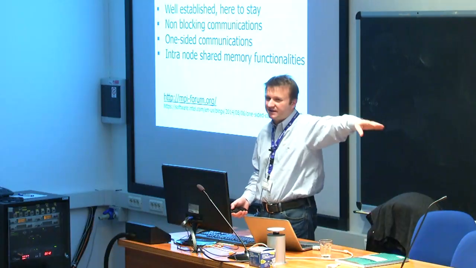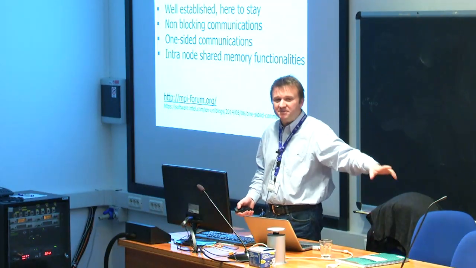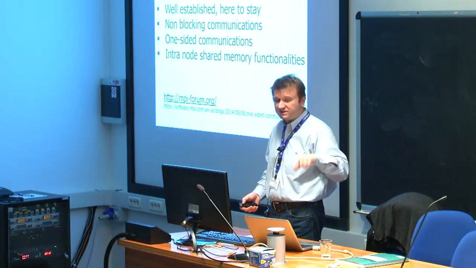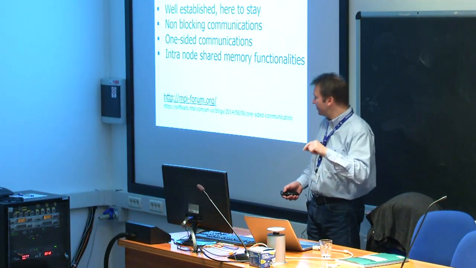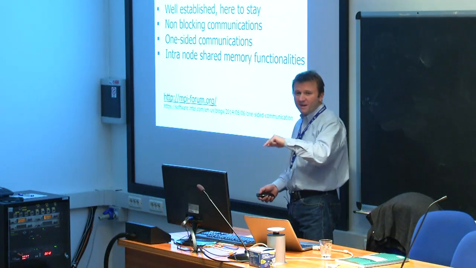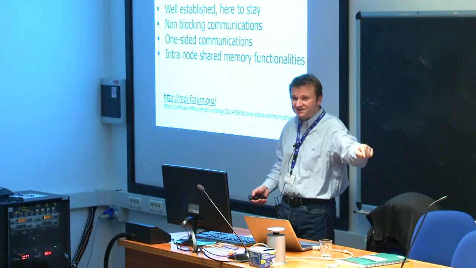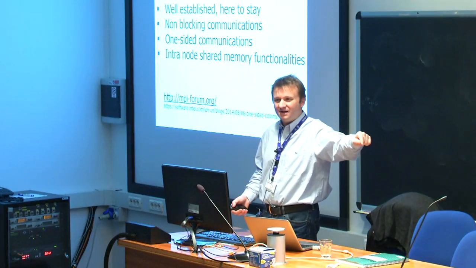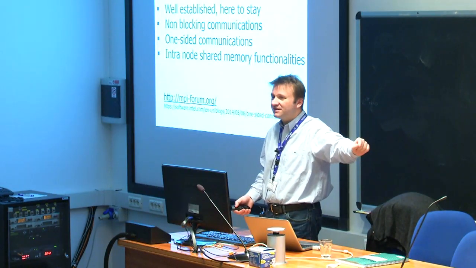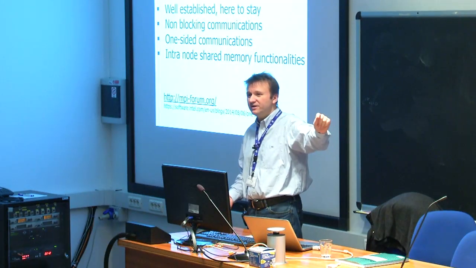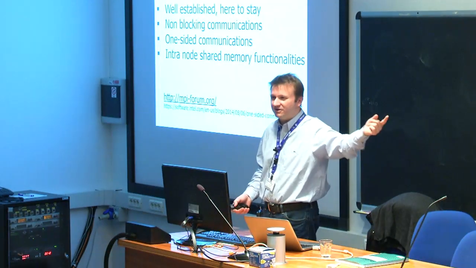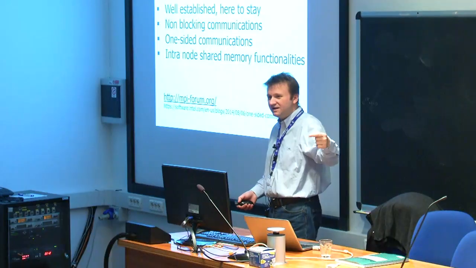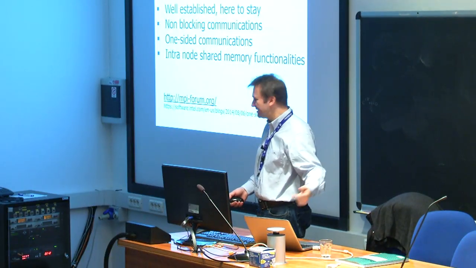You just go and take the data you need. The problem is that it's up to the programmer to make this remote access such that I do not take data that are not up to date, or data that are at that moment in use by the other tasks. Otherwise, I will end up with a big mess.